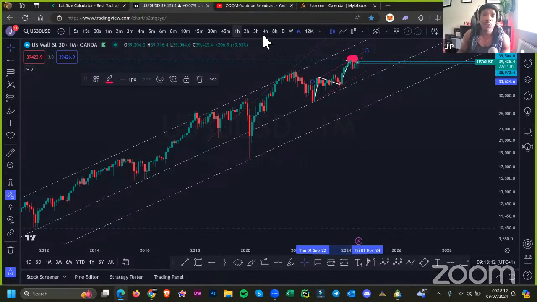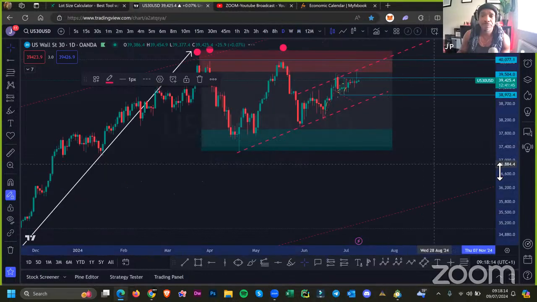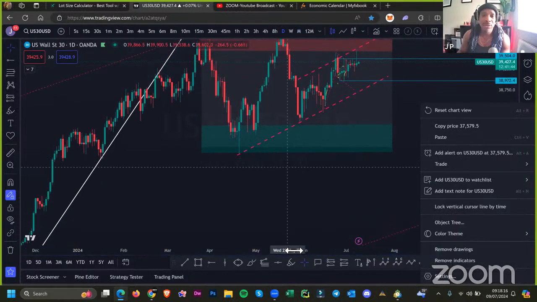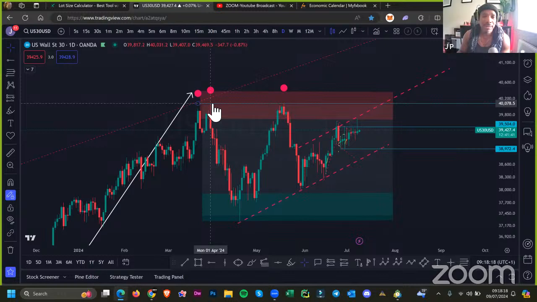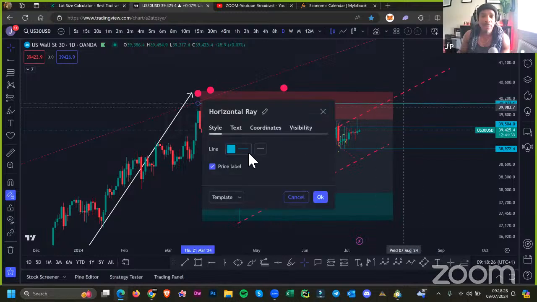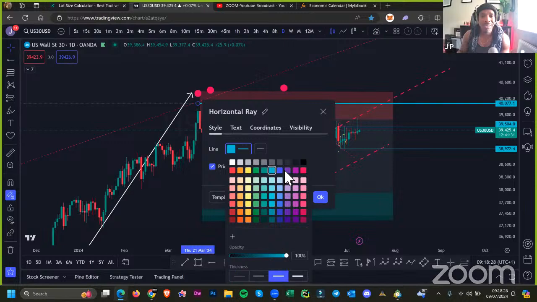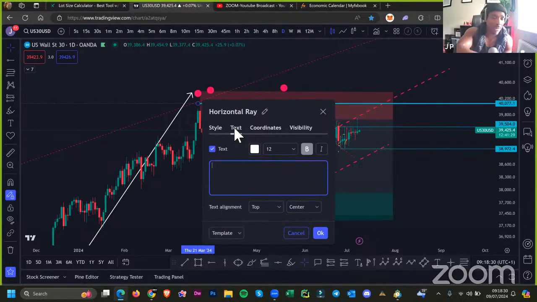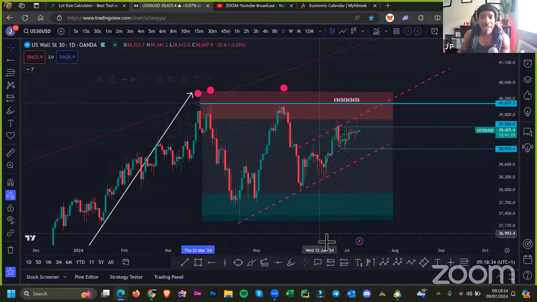Let's have a look at it on a smaller time frame. The market came to the top of this range here, broke some structure, came and made equal highs over here, meaning that potentially we have to be aware of the potential liquidity sitting above this level, and liquidity is a price magnet.